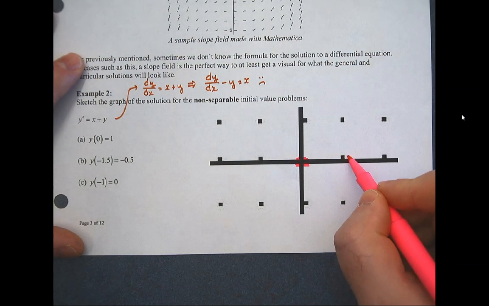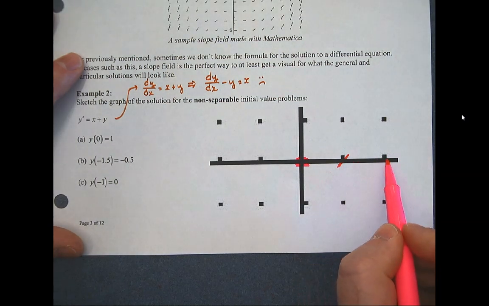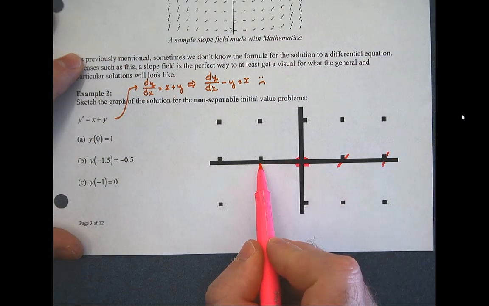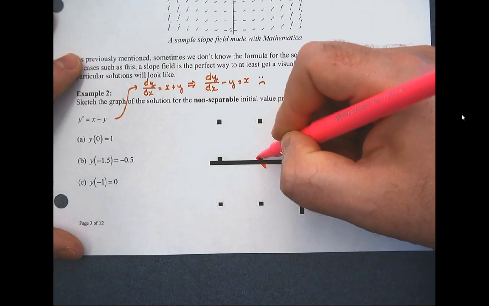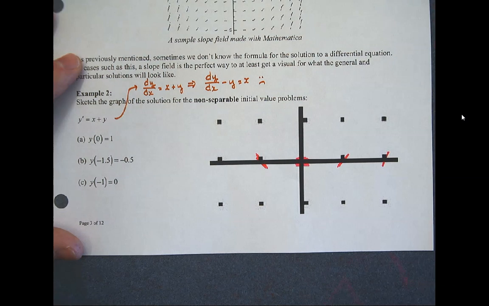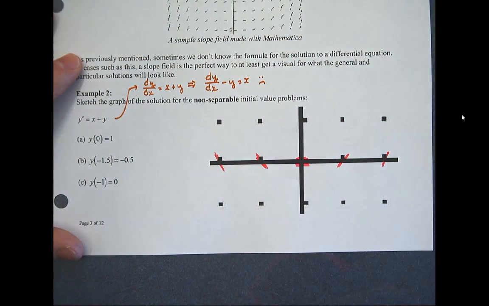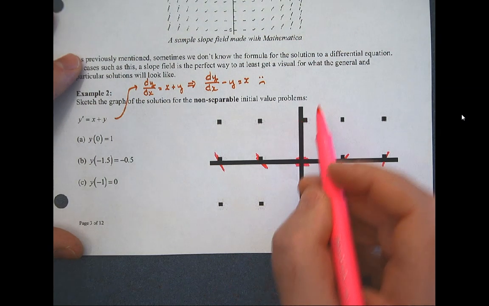I need to draw this at a 45-degree angle. This is (2, 0). 2 plus 0 is 2, so I'm going to try to draw that a little bit steeper. This is (-1, 0), which would be negative 1. I didn't draw that one very well. That would be negative 2. Try to draw it a little bit steeper. Okay, let's jump up to this one. That is (0, 1), so that's also 1.